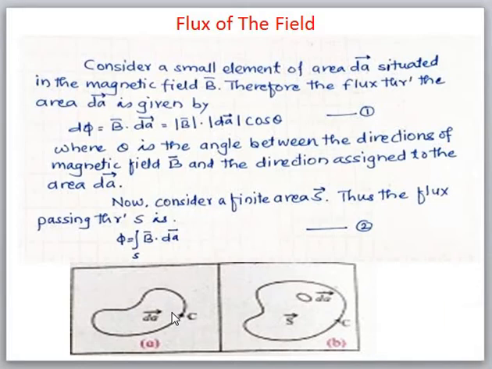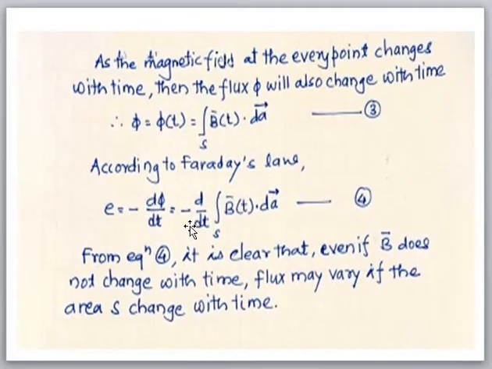According to Faraday's law, therefore, E is equal to minus d by dt of this surface integral of B bar, which is a function of time, dot dA bar. In SI units, the EMF E will be in volt. The flux phi is in weber, and time t is in second.